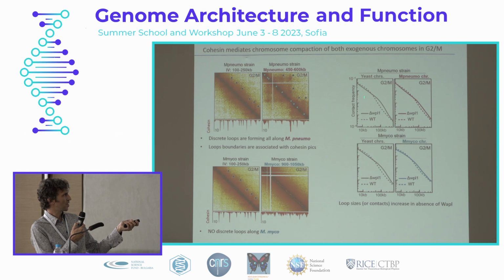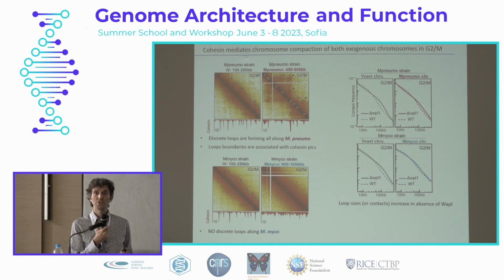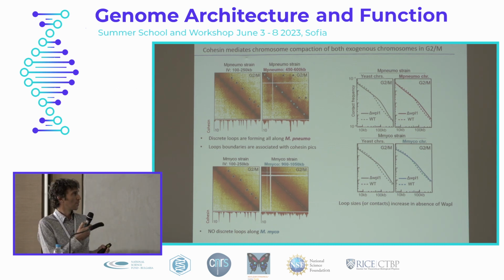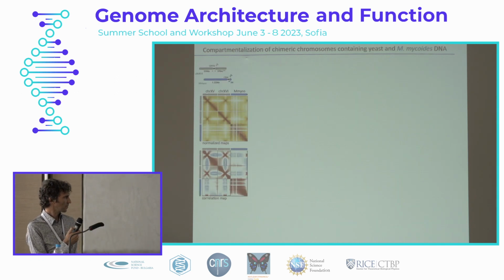This is a plain line. The curve is moving toward the right. And for the pneumoniae chromosome, it's the same, and we observe exactly the same behavior for the Mycoplasma mycoides genome. So that suggests that the compaction we observe along this AT-rich inactive sequence is mediated by cohesin-mediated loop formation, except the loops are not discretely positioned. They are probably all over the DNA.